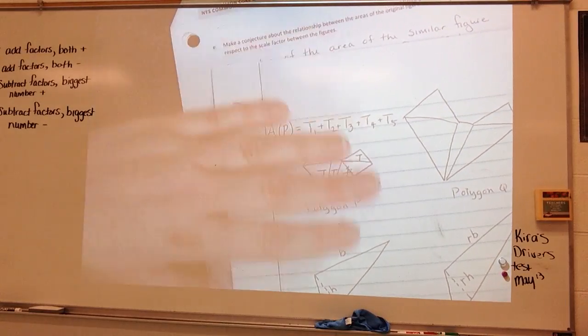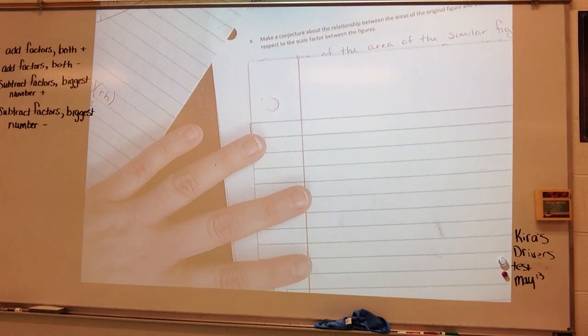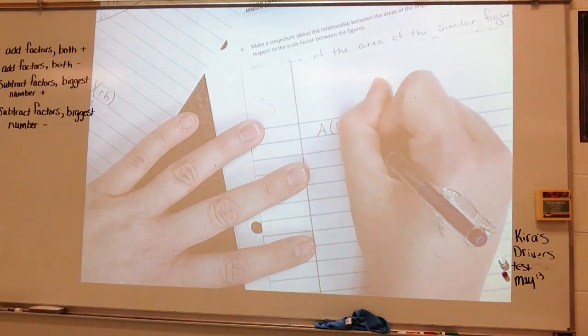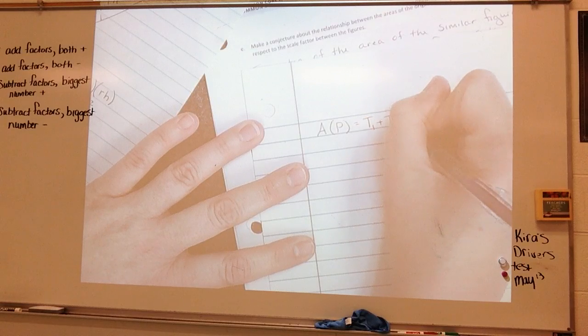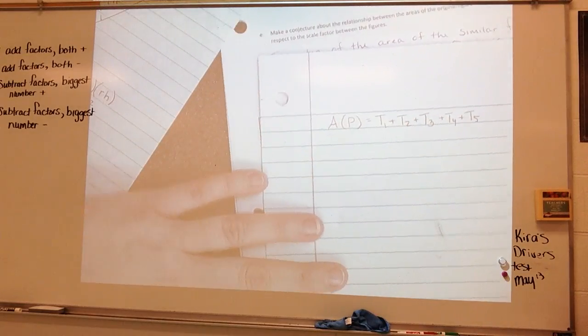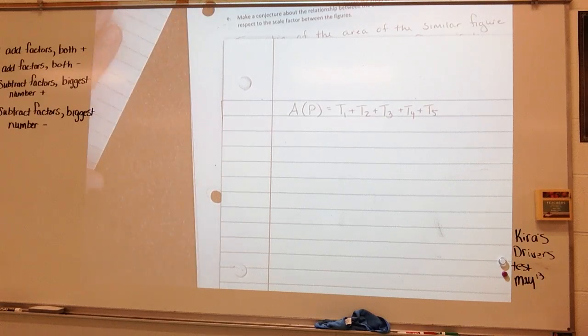So, let me get another sheet of paper here. By a scaling factor, the area of P was triangle 1 plus triangle 2 plus triangle 3 plus triangle 4 plus triangle 5. So by scaling factor, that means I am multiplying each one of these triangles by a scaling factor, and it is R squared.